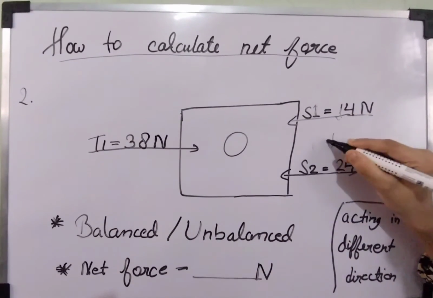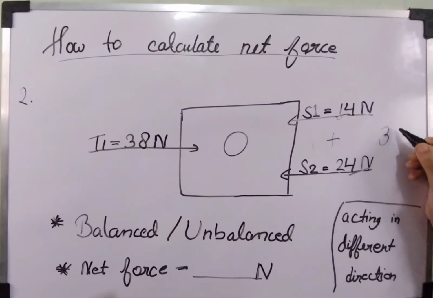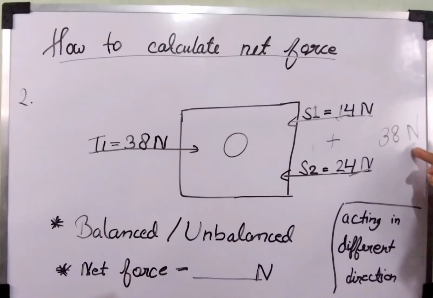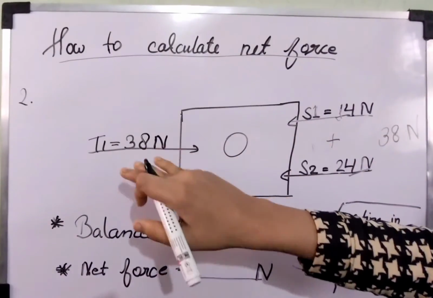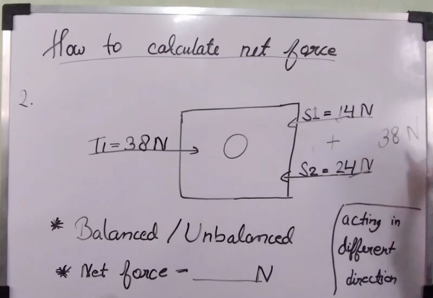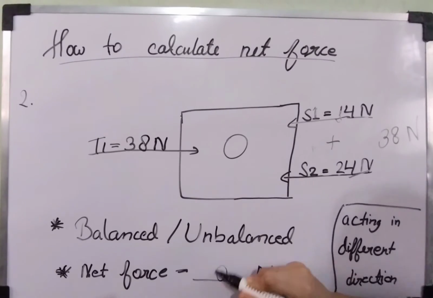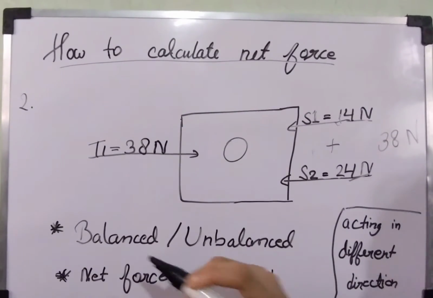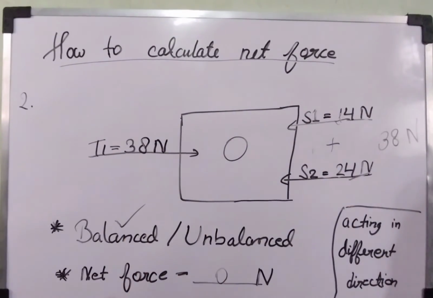So if we add them, we get 38 Newton. This force is going to subtract with the other one, which gives us 0. So we can write it as 0 net force or 0 Newton. And this is the balanced force, as our answer is 0.